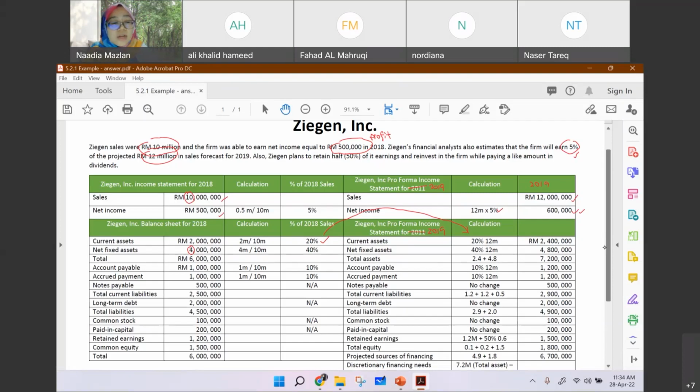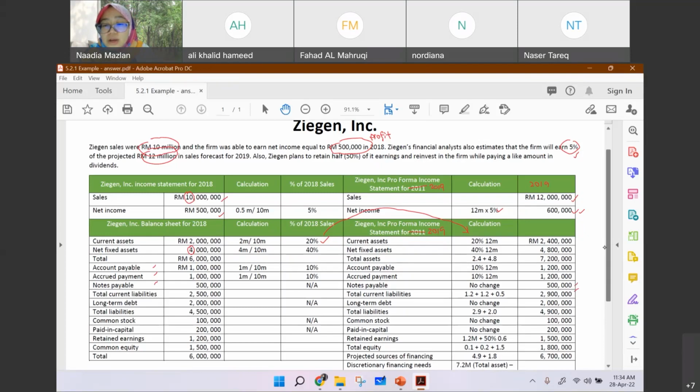Now you have to calculate the total current liabilities. Total current liabilities is accounts payable plus accrued payments plus notes payable. So 1 million plus 1 million is 2 million plus 0.5 is 2.5 million. So in here is 1.2 plus 1.2 plus 0.5, which is 2.9 million.